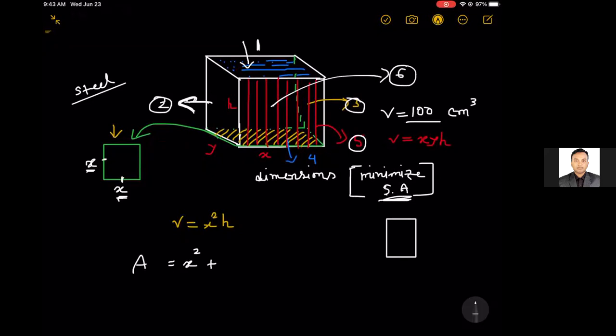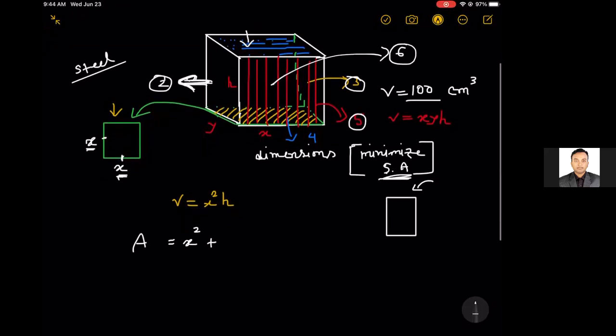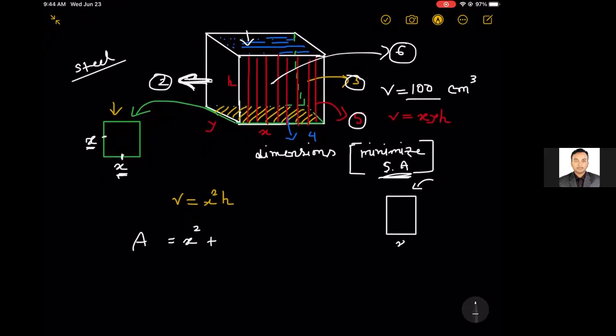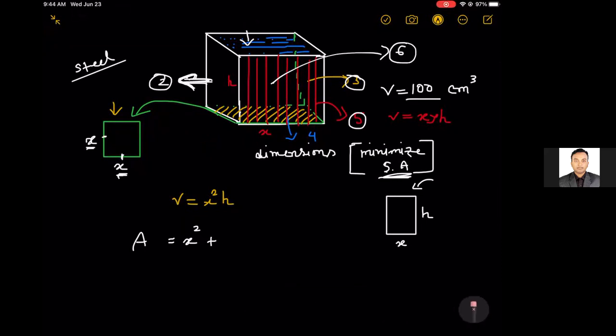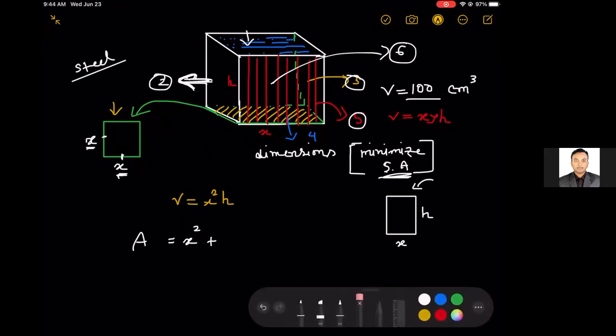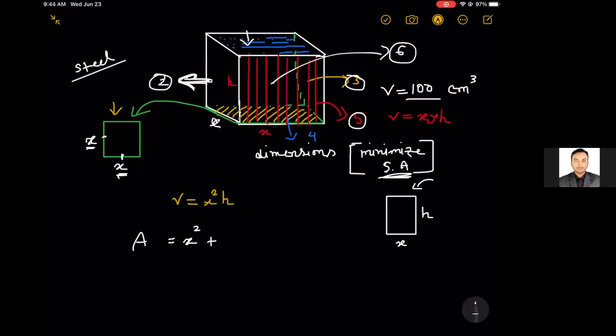All right. So this is my second surface. One of the sides is x, another side is h, as I can see from here. It was for the general case anyway. So for this side, what should be the area?